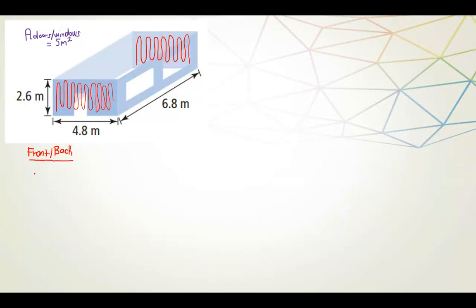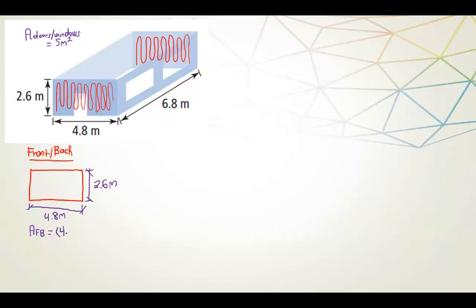So let's draw that. Label the dimensions. Use a ruler if you've got one. This length is 4.8 meters, and this height is 2.6 meters. So the area of the front and back, AFB, is equal to the area of a rectangle.